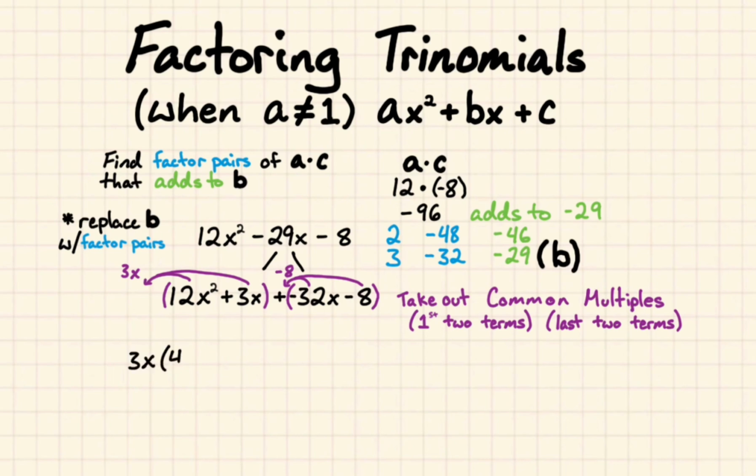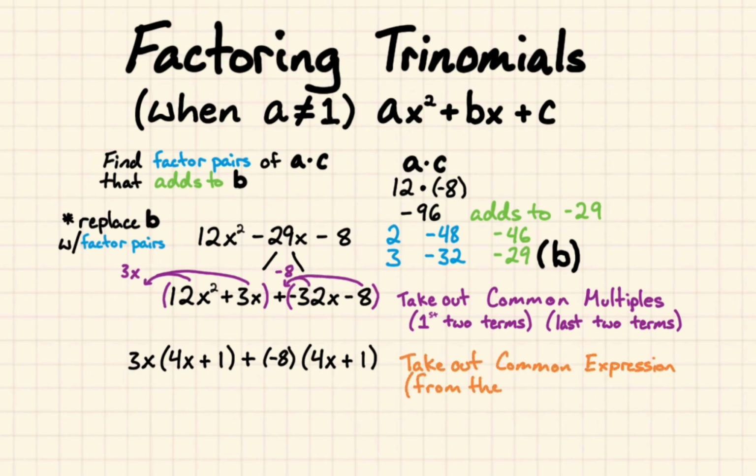So I have 3x times, when I pull a 3x out, this becomes 4x plus 1. And for our last two terms, when I pull a negative 8 out, it becomes negative 8 times 4x plus 1. What you'll notice when you pull out common multiples out of the first two terms and the second two terms is that you can take out a common expression from the whole thing.